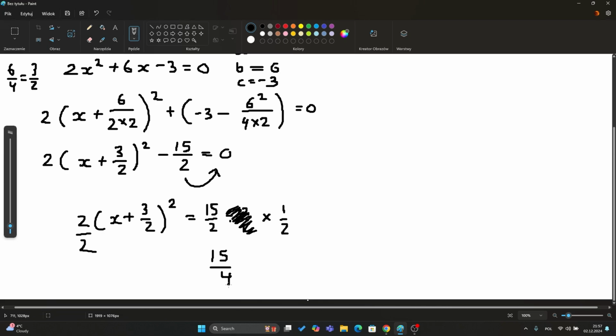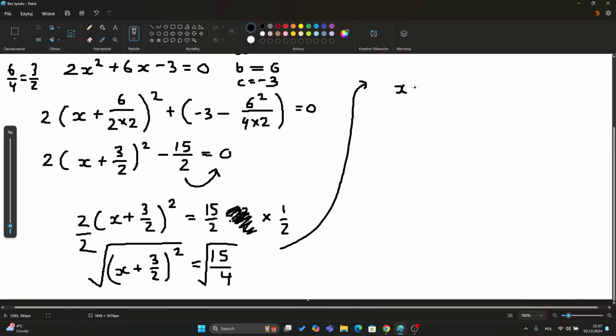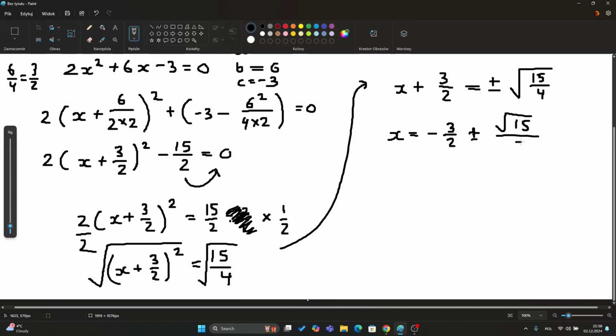So 15 over 4 equals x plus 3 over 2 squared. Now we square root both sides, and that will give us x plus 3 over 2 equal to plus or minus the square root of 15 over 4. x equals negative 3 over 2 plus or minus the square root of 15 over 2.